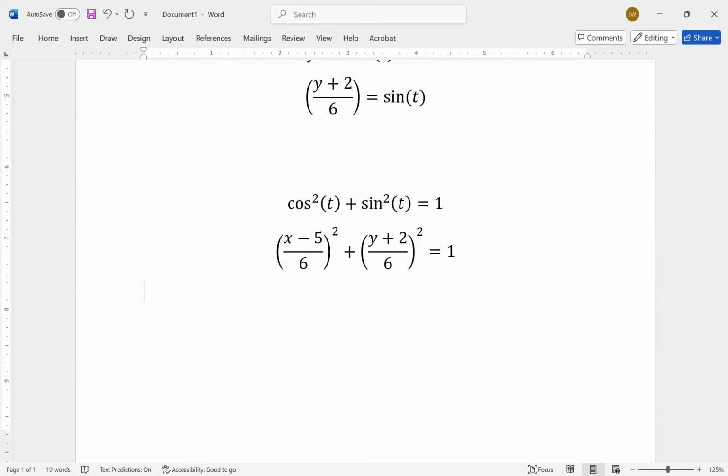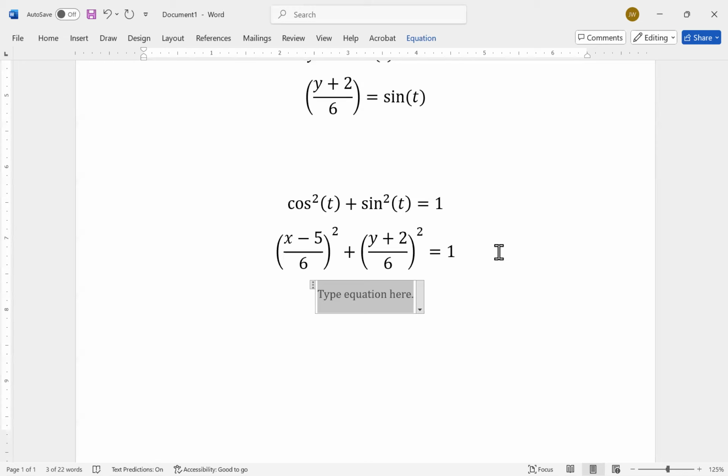Now, I can rewrite this equation if I'd like. In fact, I'm going to do that in this case. If I square both the top and bottom, I'll get (x minus 5) squared divided by 36, and then I'll get (y plus 2) squared divided by 36 is equal to 1.